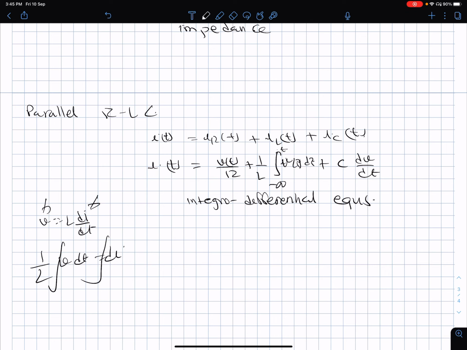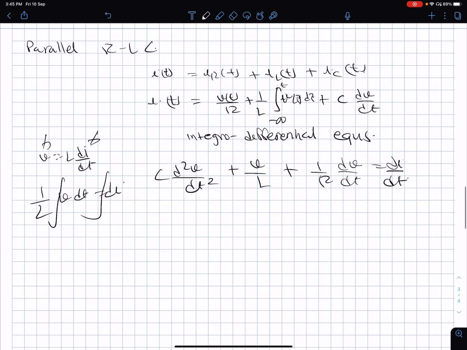And if you differentiate it one more time, you can convert it into a pure differential equation.